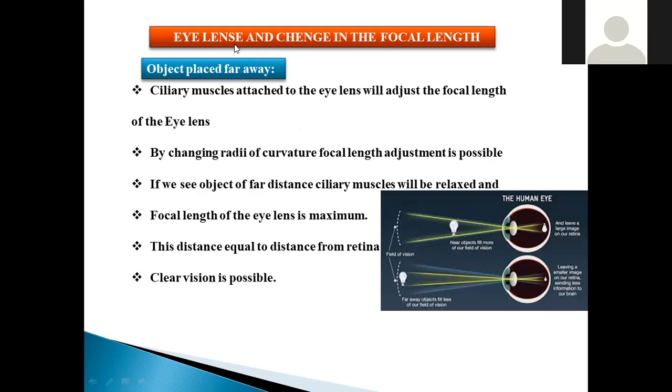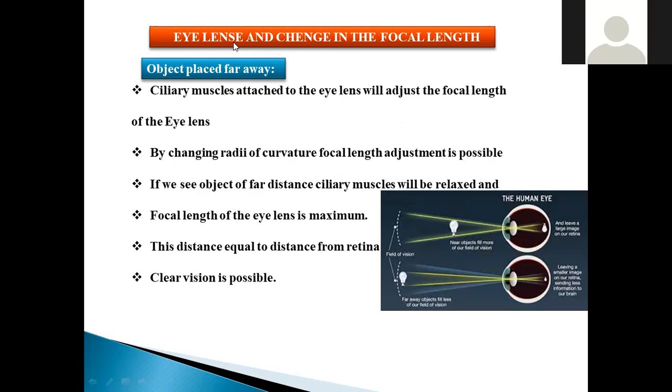The eye lens concentrates the light coming from the outside source, and that concentrated light falls on the retina, at the back of the eyeball. This information is transported by the optic nerves. Millions of optic nerves are present in the eye. That information is transferred to the brain, and the brain analyzes the information received from the optic nerve. This is the entire process of vision.